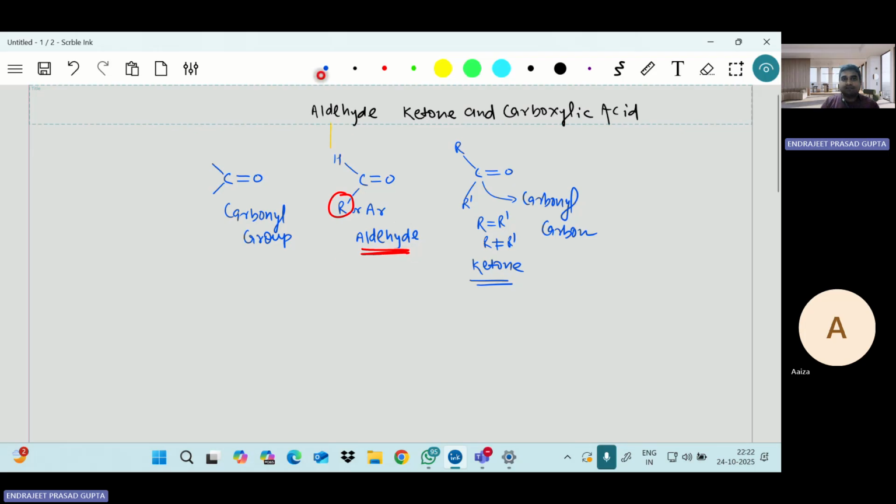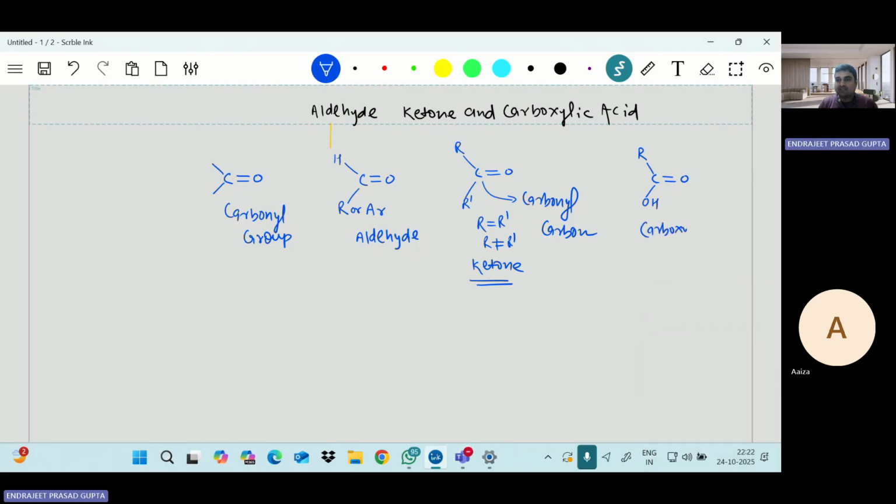Now, if this carbonyl carbon has one side alkyl chain and other side OH, C double bond OOH, this is called carboxylic acid.